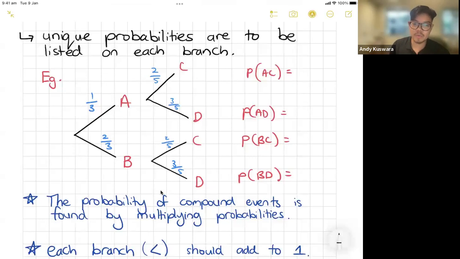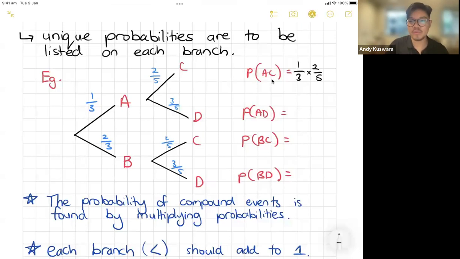Now, a couple things to note and why we list these things out on branches. The way that we find the probability of compound events is by multiplying the probabilities that it's made up of. So for example, if I wanted to find the probability of AC, that means A and C, I would multiply those two together. So that means it'll be a third times 2/5.